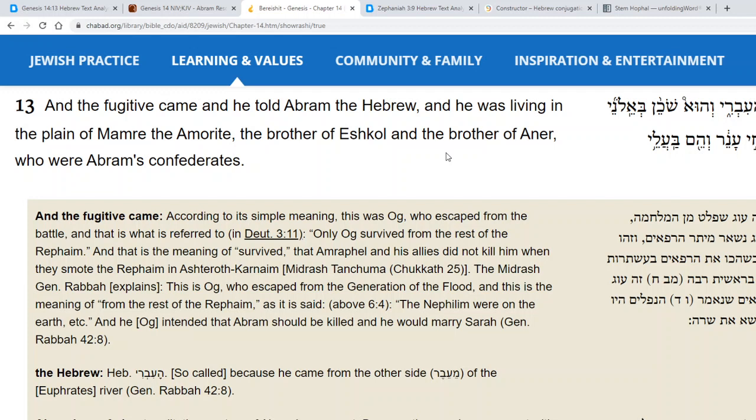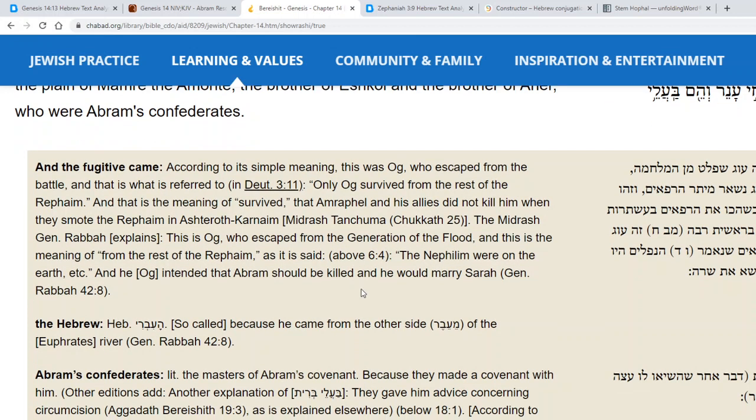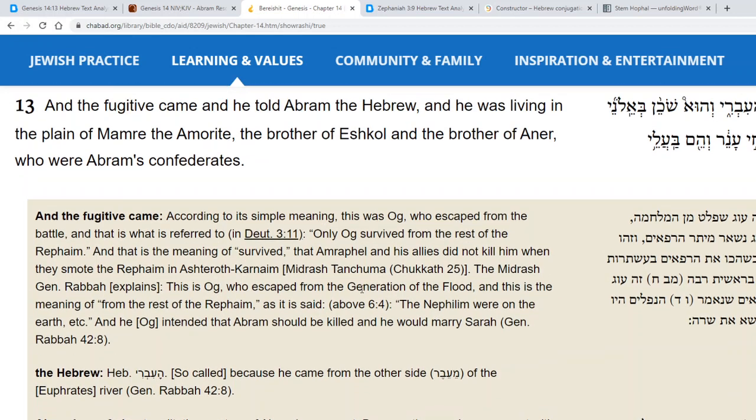You can look at Deuteronomy 3:11 and see the rest of it. You can look at the Rashis if you like, but okay.